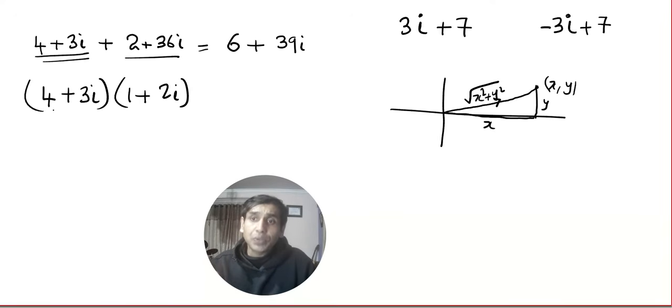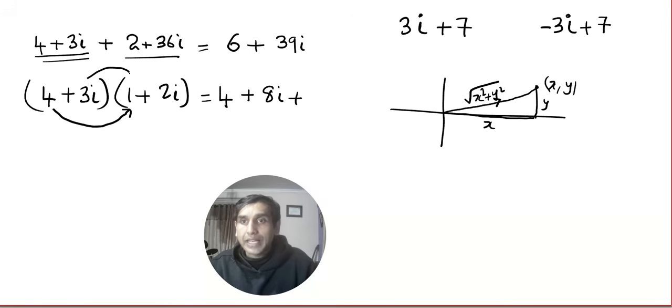Just distribute the numbers 4 and 3i. So what is 4 multiplied by 1? What about 4 multiplied by 2i? Now what about 3i multiplied by 1? And finally, what about 3i multiplied by 2i? That will be 6i square.